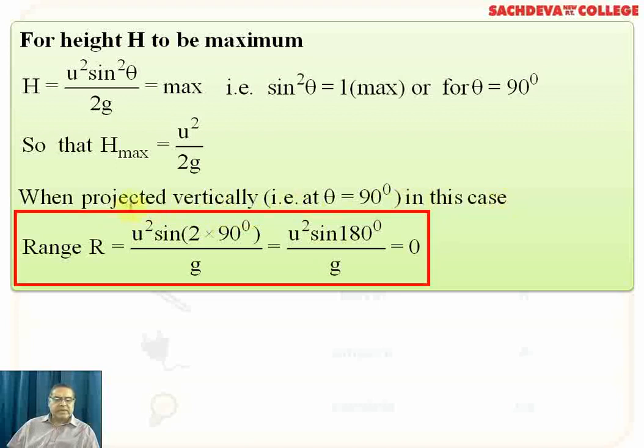In this case, the range R will be u square sine twice of 90 degrees divided by g. Then it is written as u square over g, and 2 into 90 will be 180. So sine 180 degrees is 0, so the range will become 0.